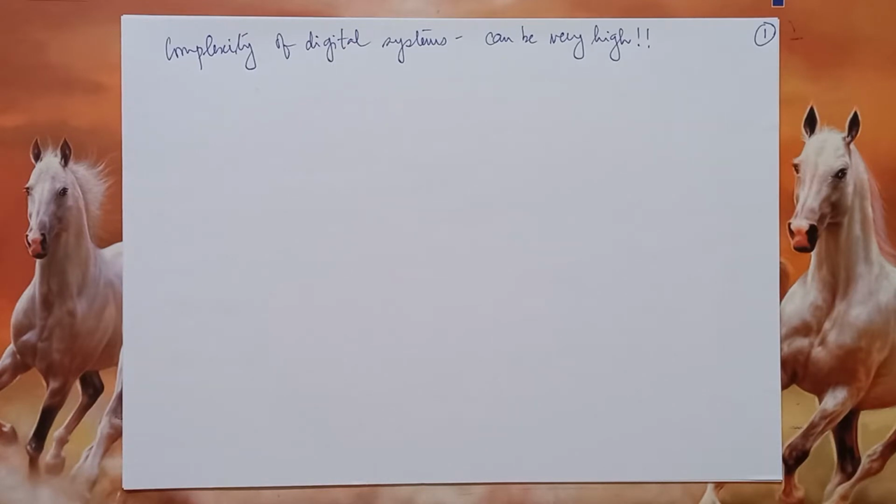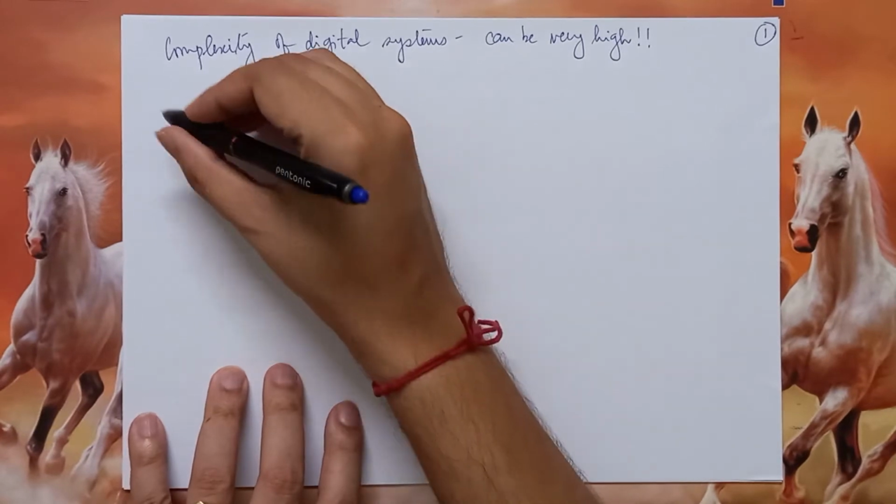And once we have that circuit diagram, we can very quickly test it out for some cases and say that okay, they seem to work, or if they don't work, maybe I have made some mistake. But even that thing becomes very, very challenging as the complexity of the system increases. So there are two things.